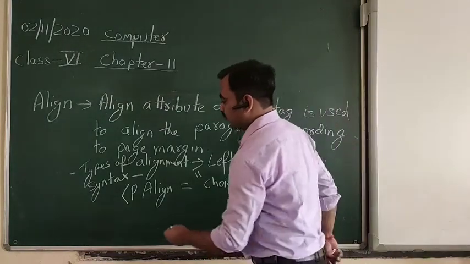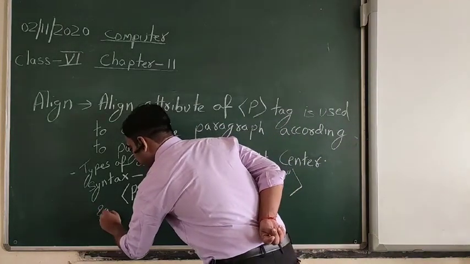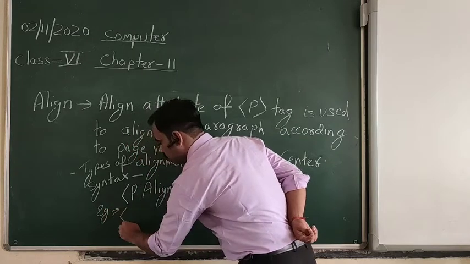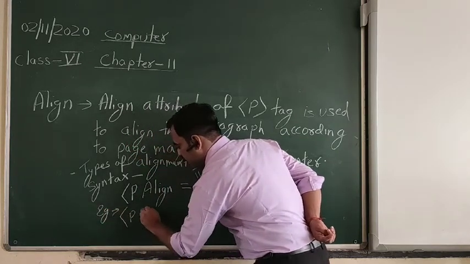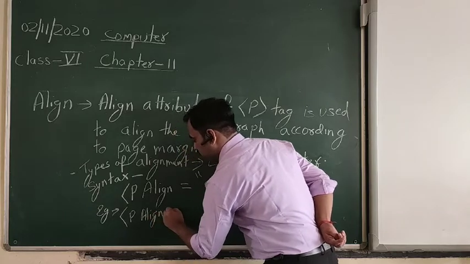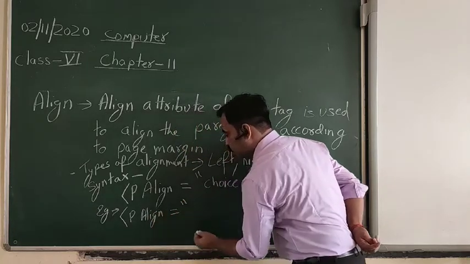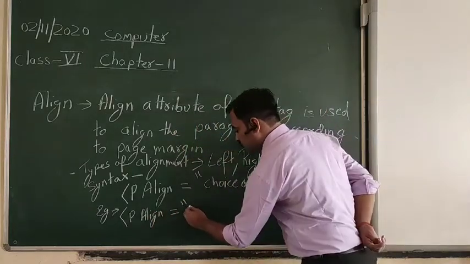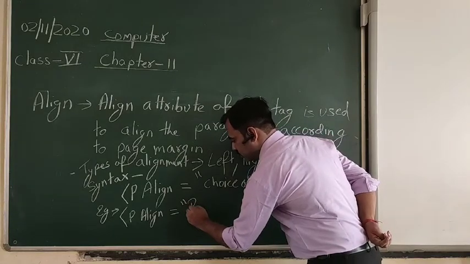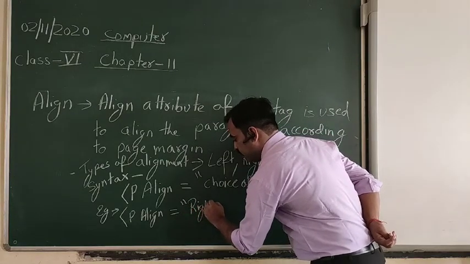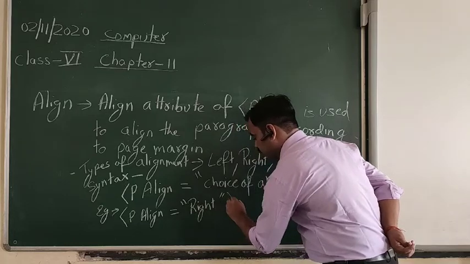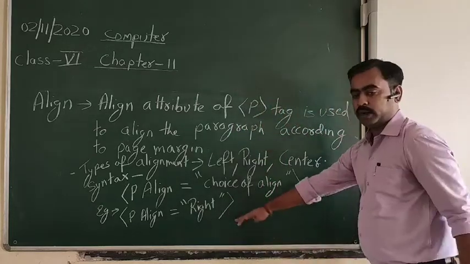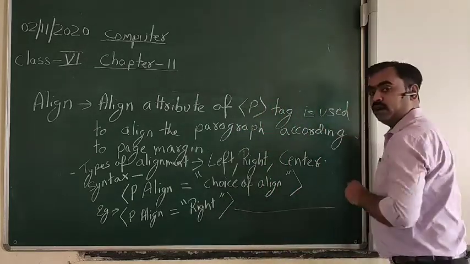Clear? Or you can see the example of this. P align equal to, suppose if you want to align the text towards the right margin, then right, and then close the bracket, and then here you will write the text.